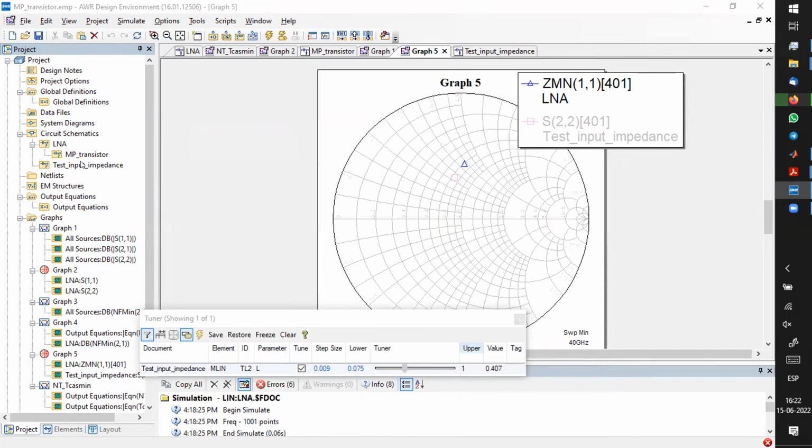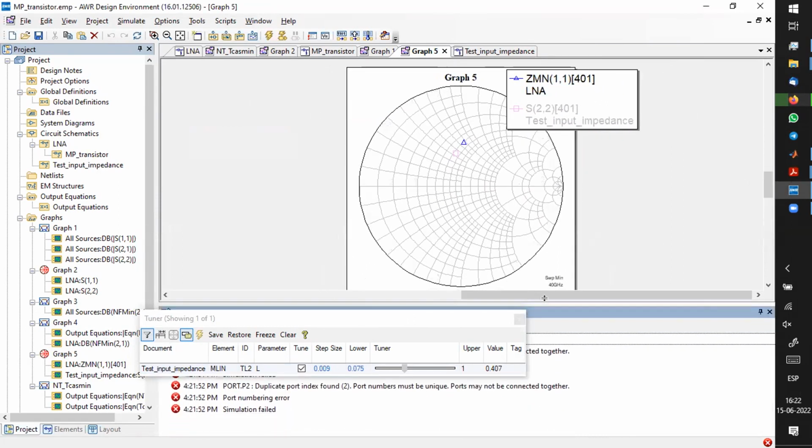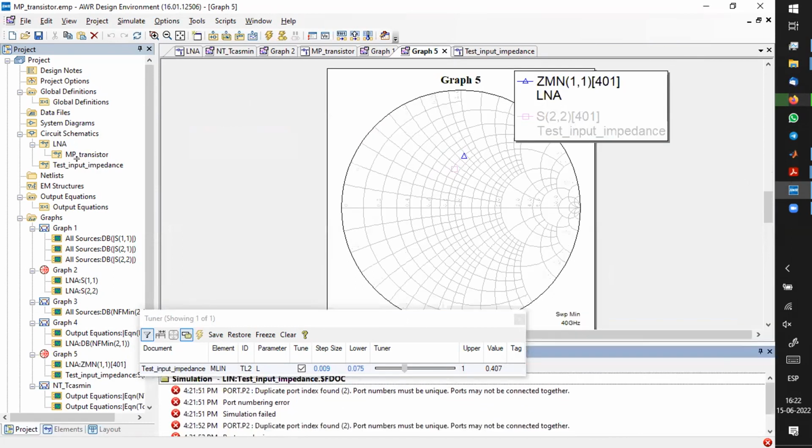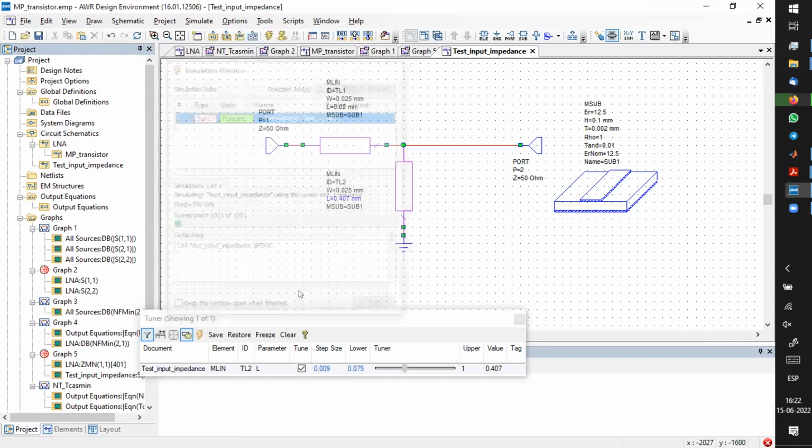There's some error there. Might be that you shorted the input and output port. So we need a tiny piece of a line there. It doesn't like a 20 micron or whatever. We need something there anyway, but yeah, like a pad, right?